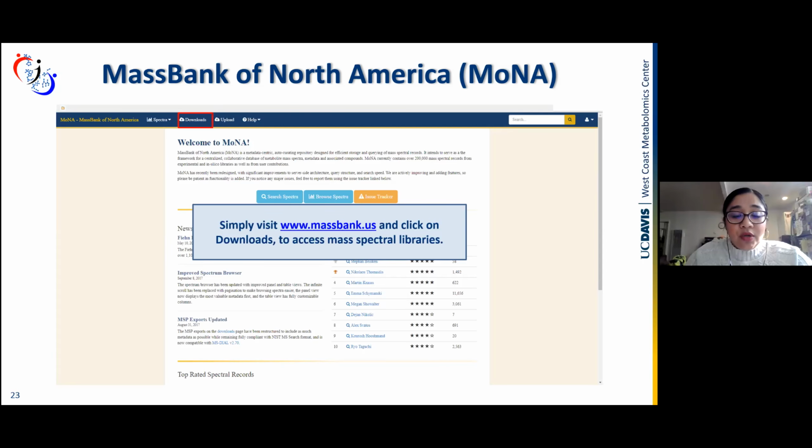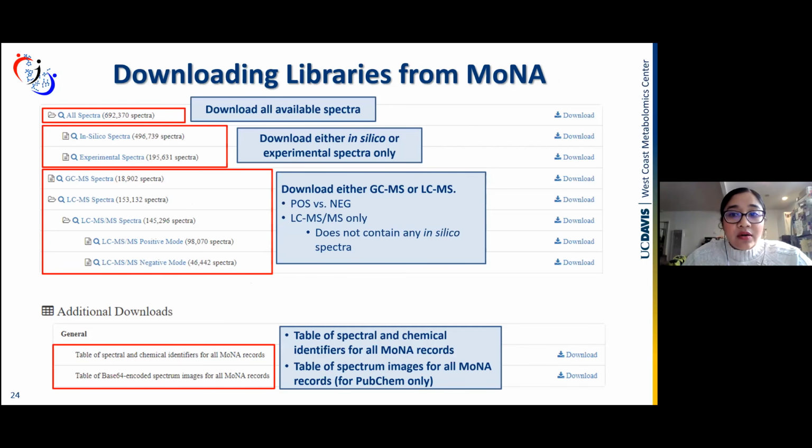You would simply visit www.massbank.us and click on downloads to access the mass spectral libraries and any or all spectra in MONA, which, like I said, is close to 700,000. On the downloads page you'll see some categories.